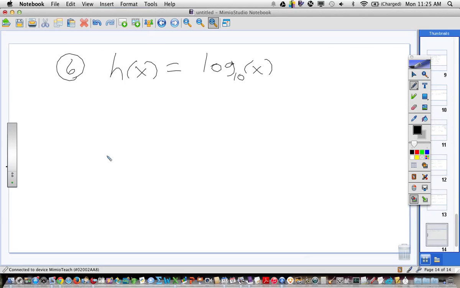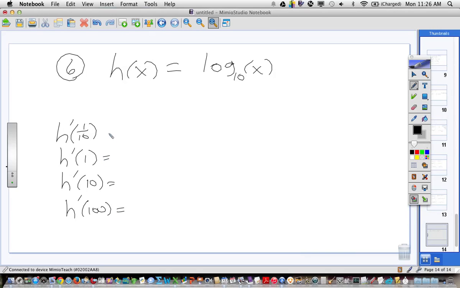So what do they want us to find? H prime of 1/10, H prime of 1, H prime of 10, and H prime of 100.